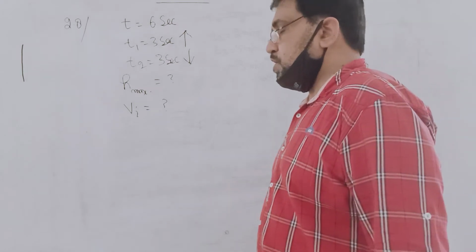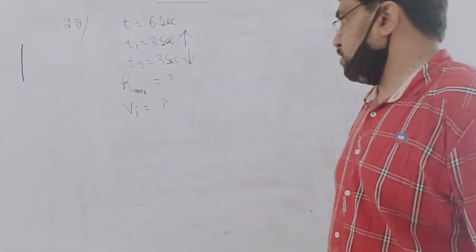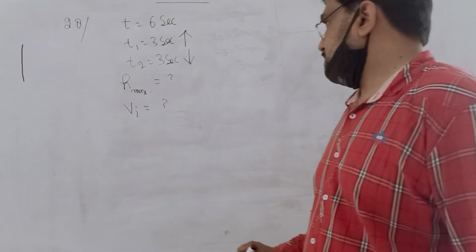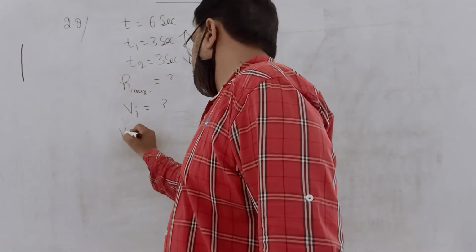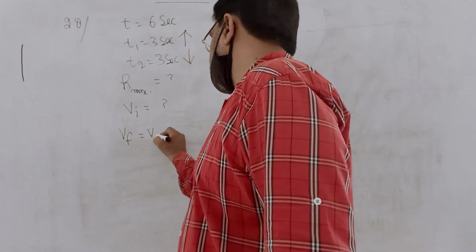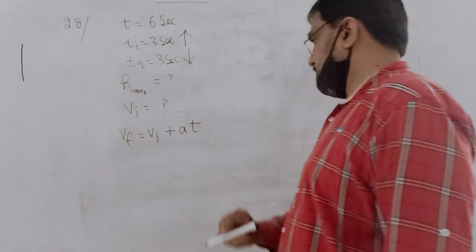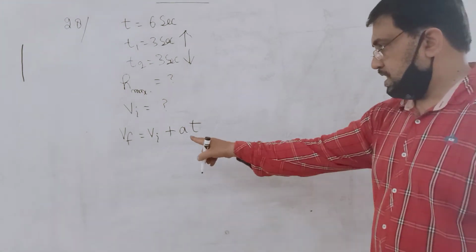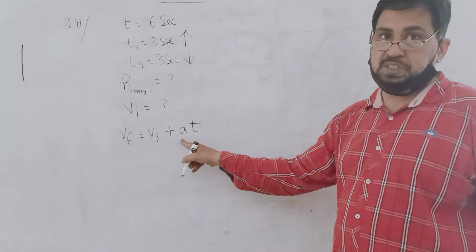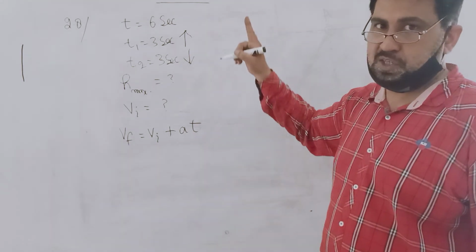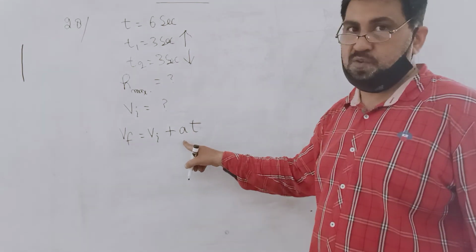First of all, we use the first equation of motion. Vf is equal to Vi plus At. In place of a, we will use g when the ball moves in upward and downward direction.